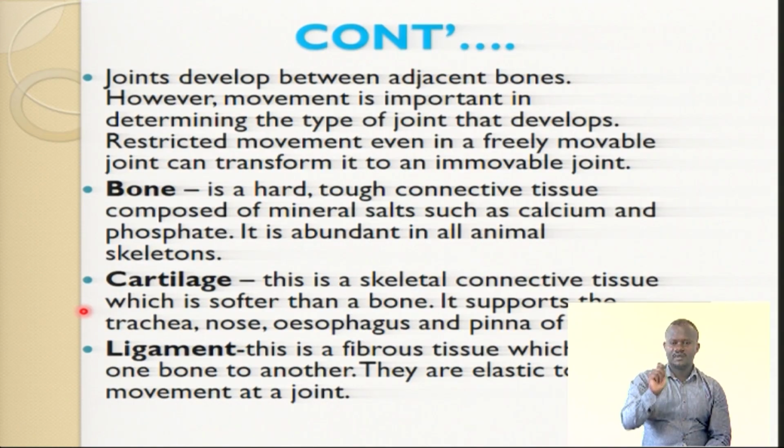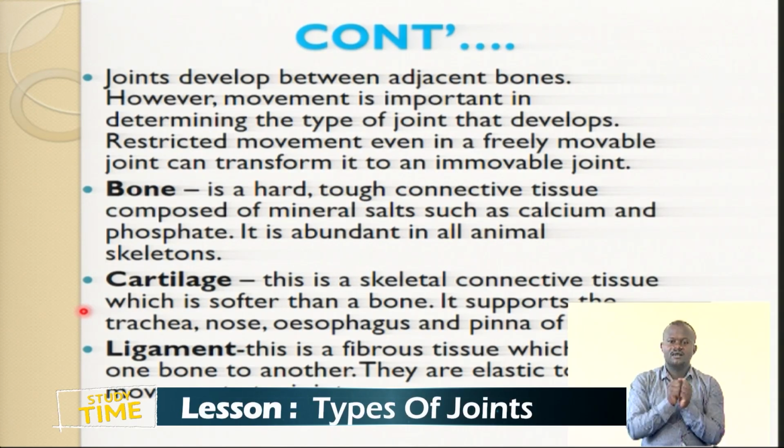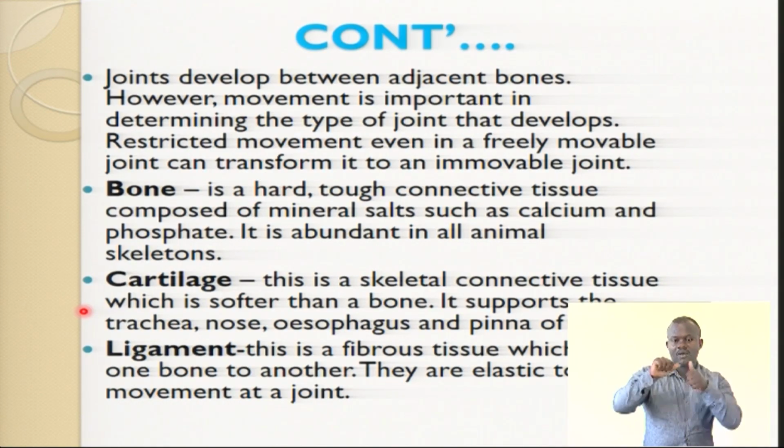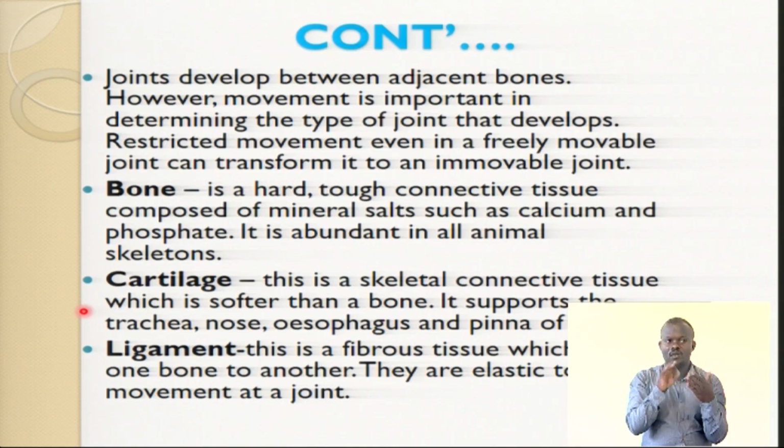Let's see their functions. What is a bone? Sometimes we talk about a hard, tough connective tissue. It is a hard and tough connective tissue composed of mineral salts such as calcium and phosphates. If you remember properly, which part of the body contains more calcium and phosphate? Take teeth as an example.